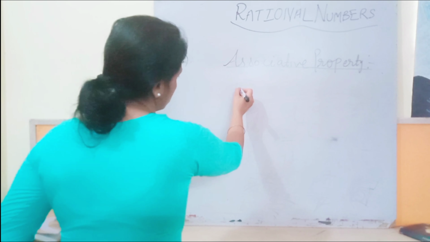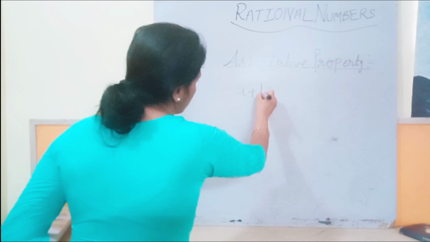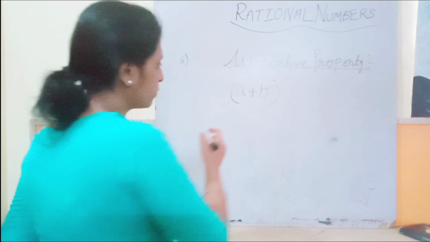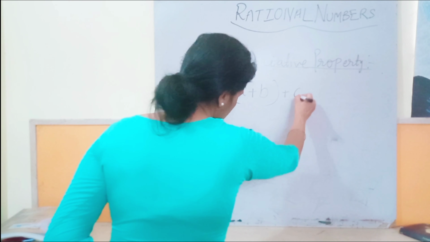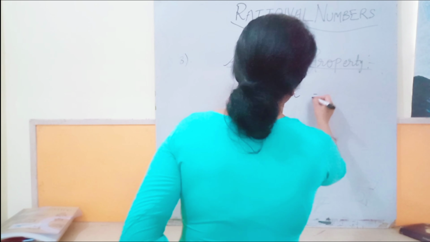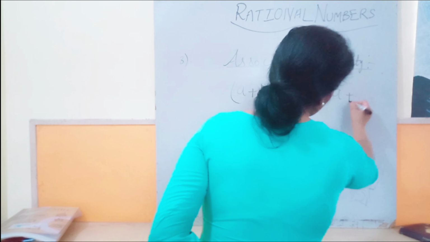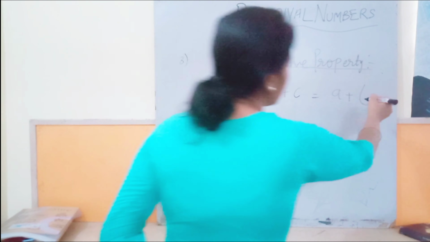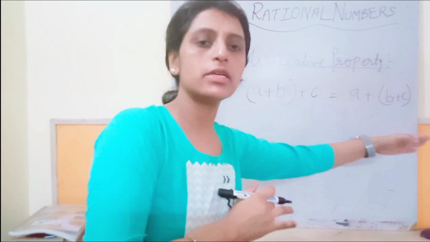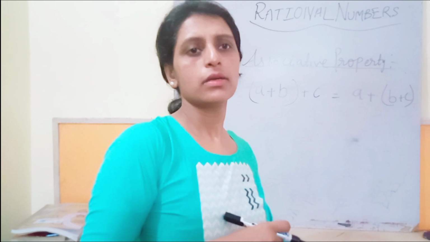According to the associative property, if we add the first two rational numbers and then add the third rational number, it is always equal to first adding the second and third rational numbers and then adding the first rational number to it. The result is always the same.